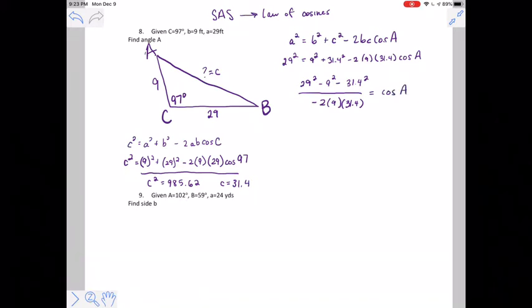Now, that is a whole big mess to put into a calculator. 29 squared minus 9 squared minus 31.4 squared is negative 225.96, and then negative 2 times 9 times 31.4 is, I got that backwards, negative 565.2.